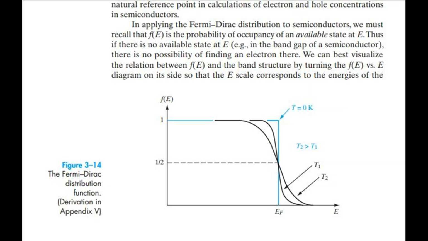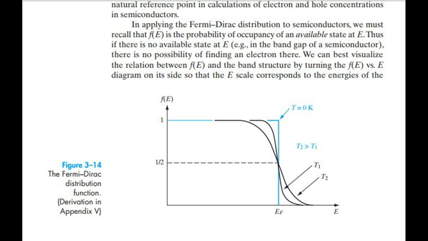For intrinsic material we know that the concentration of holes in the valence band is equal to the concentration of electrons in the conduction band. Therefore, the Fermi level E_F must lie at the middle of the band gap in intrinsic material, for since f(E) is symmetrical about E_F, the electron probability tail of f(E) extending into the conduction band of Fig 3.15 is symmetrical with the hole probability tail 1 - f(E) in the valence band.